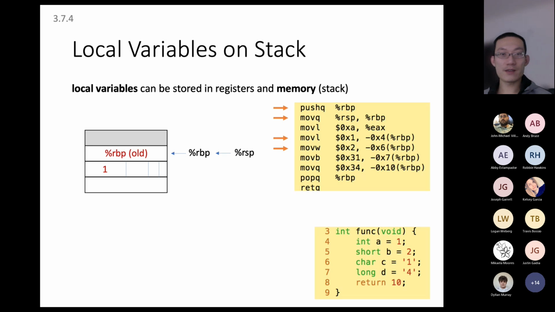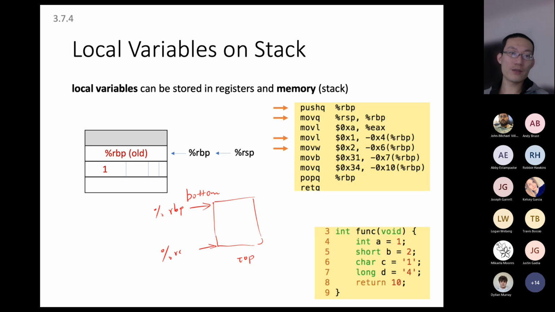So if we have a stack, let's see, this is stack. Here's the bottom. And we have the RBP, base pointer, points to the bottom of it. Let's see, here's the top. Then we have RSP, which points to the top of it.